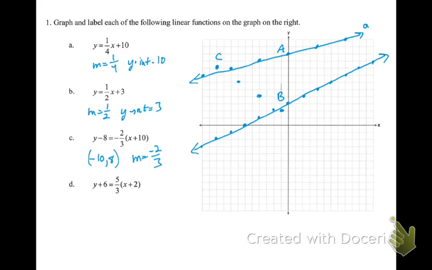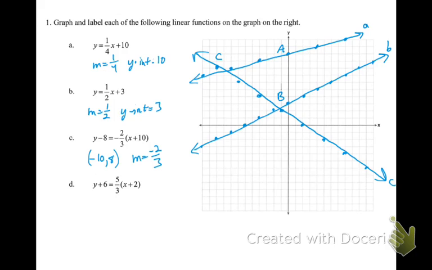It's going to intersect the other graphs, but we're not worrying about the intersections right now. We're just graphing multiple lines on the same graph. Down 2 to the right 3, and there are all the points for that equation. I'm going to take my straight edge and connect those points, and there is the line for equation C.